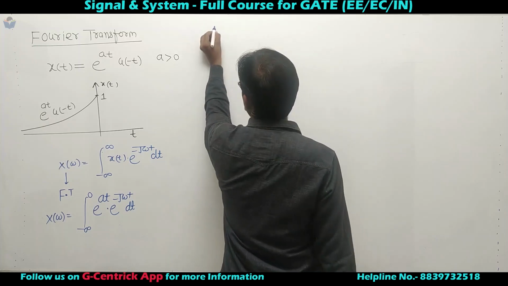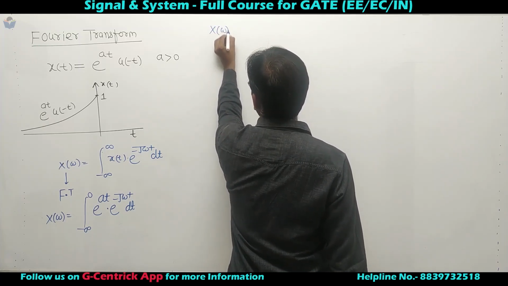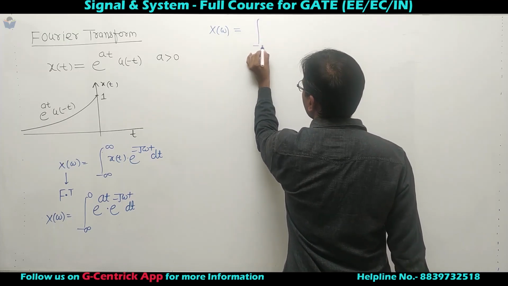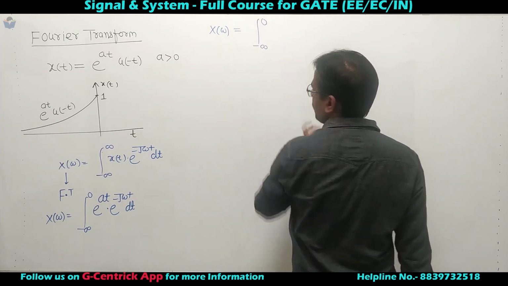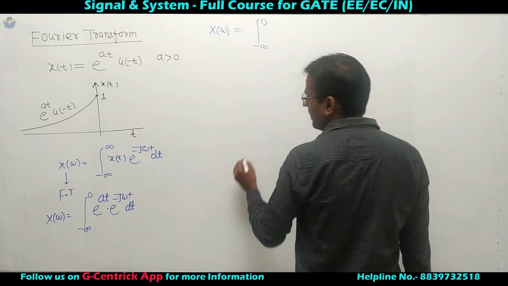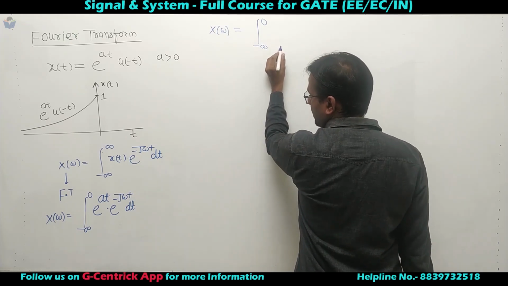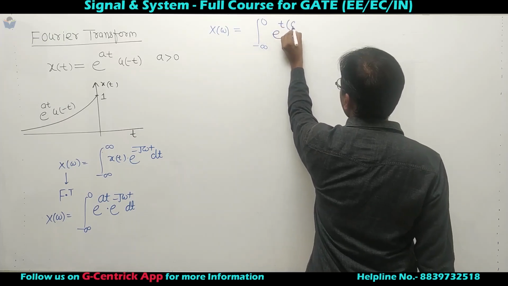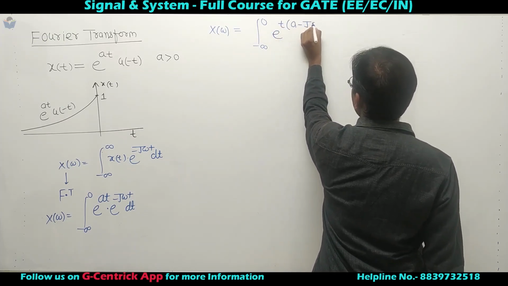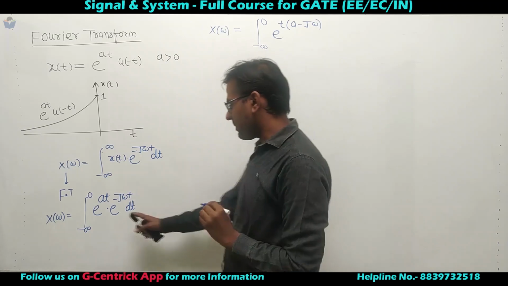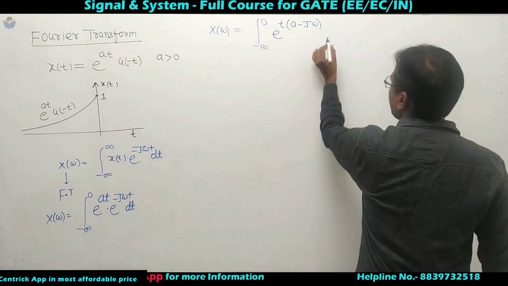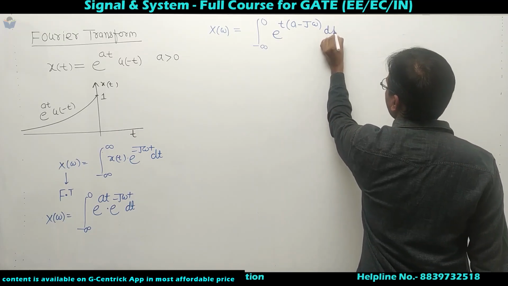Now I can say x of omega can be written as the integral from minus infinity to 0. Let's take t common. The base is the same, so you can add the powers: e to the power t into a minus j omega, into dt.